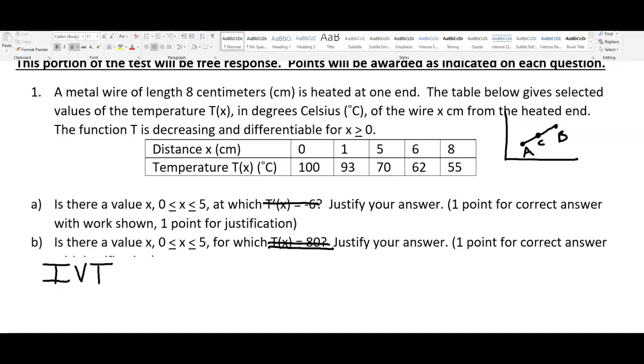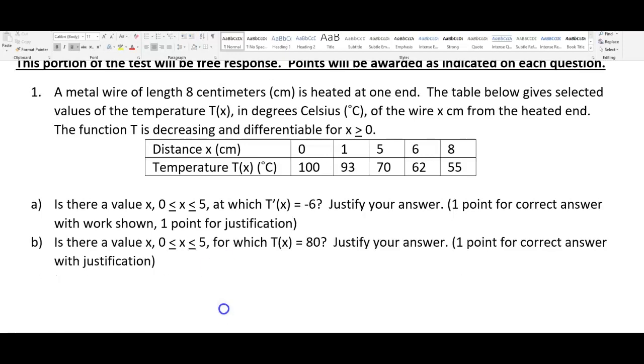And that means that C is in between A and B. Now that actually means that the y value for C is in between the y values for B and A. And it also means that the x value for C is in between the x values for A and B. Okay, so you're thinking of this as a point with an x and a y value, but there it is. So that's basically what the intermediate value theorem states. And this is the one where I kind of just encouraged you guys to memorize a little statement on how to say it. So let's see how we do with that.